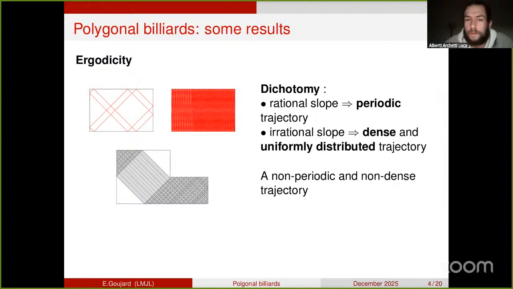What happens if the smaller one gets smaller and smaller, and the L shape degenerates to the rectangle? What happens with respect to the non-periodicity and non-density, or the density and non-uniform distribution of trajectories? If it makes sense. Yeah, it does make sense.